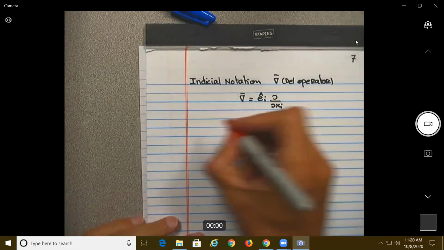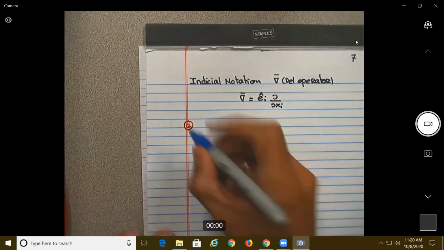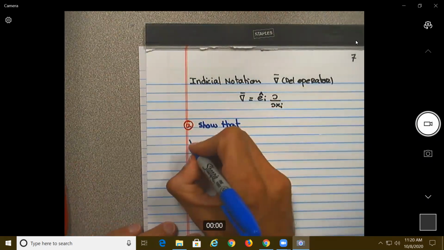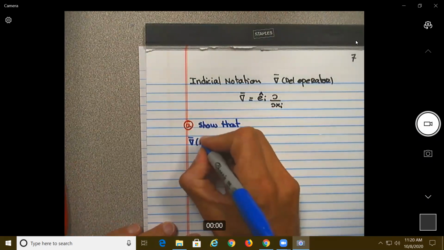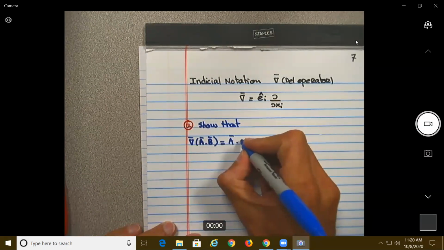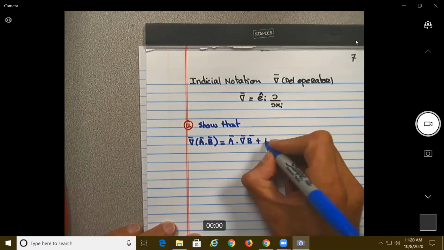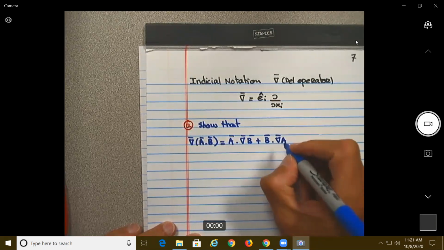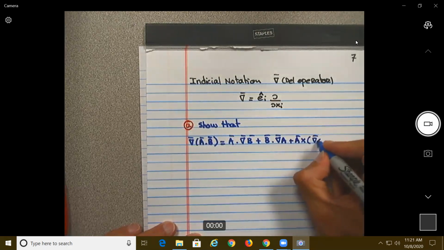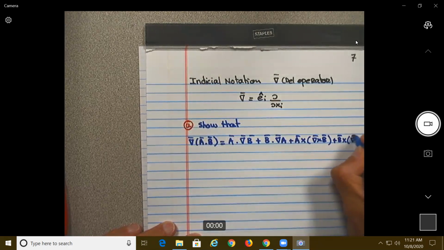The first one I think was the most complicated from the algebra, which is to show that the del of the dot product of two vectors A and B is equal to A dot del B, plus B dot del A, plus A cross del cross B, plus B cross del cross A.